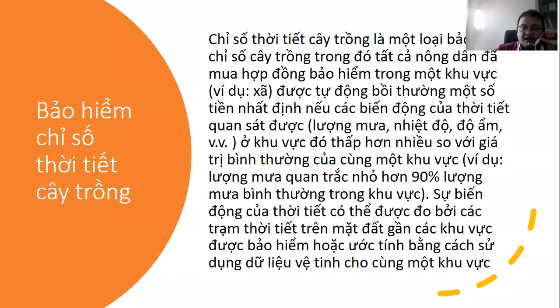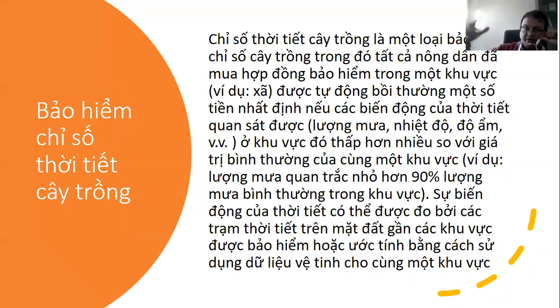So if the weather conditions observed show that the specific bad weather event has taken place, then automatically all of us, all the insured farmers, would receive a payout. So if, for example, it's observed that the rainfall is less than 90% of normal rainfall, of course, this is just an example. The trigger threshold can vary.